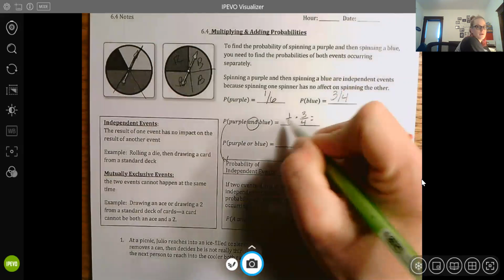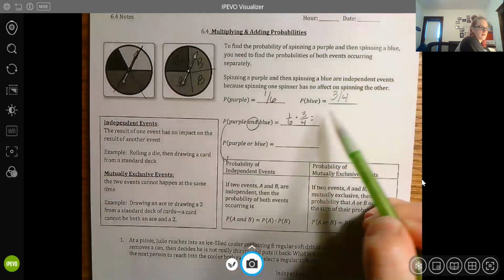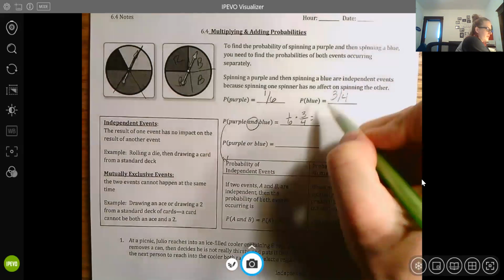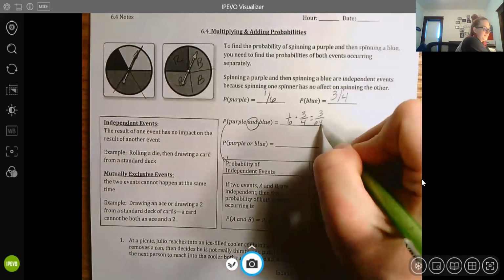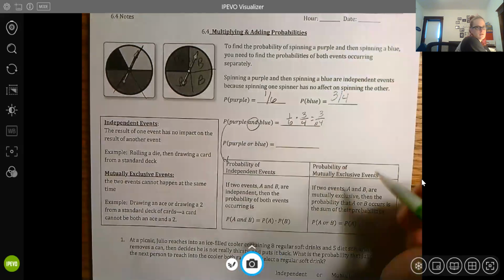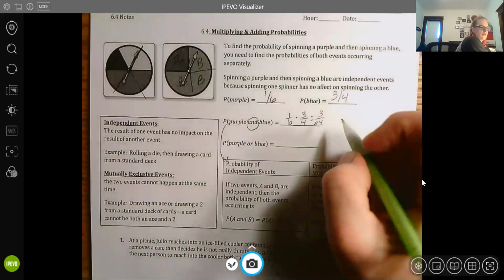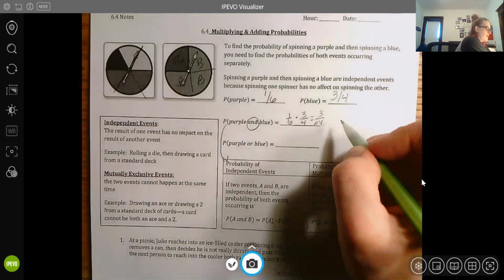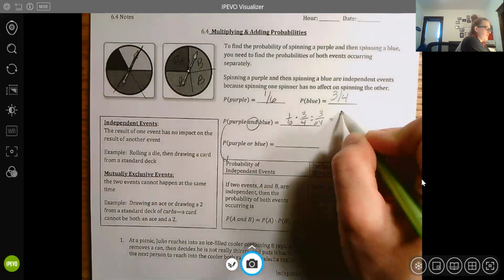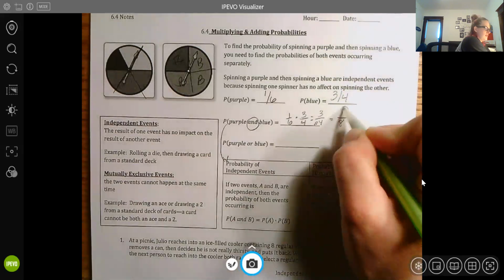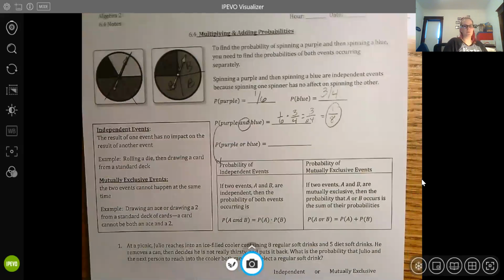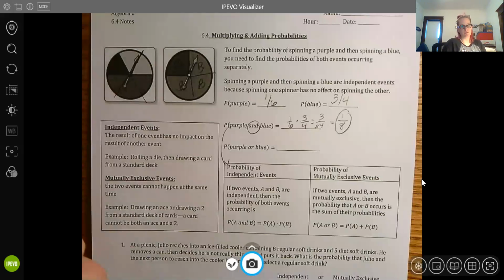And remember, when you multiply fractions, you just multiply the top and the bottom. So we get 3/24. That I can reduce, 3 goes into each of them, so 1/8. So the probability of spinning a purple and a blue is 1/8. Okay, so those are independent.